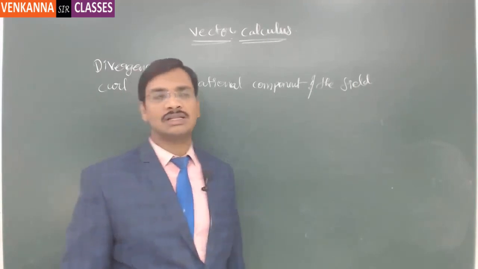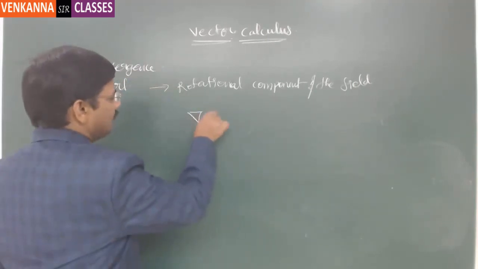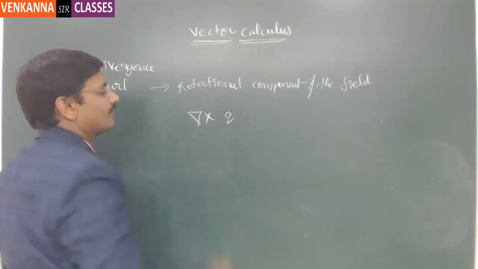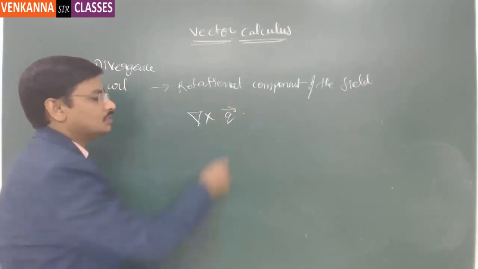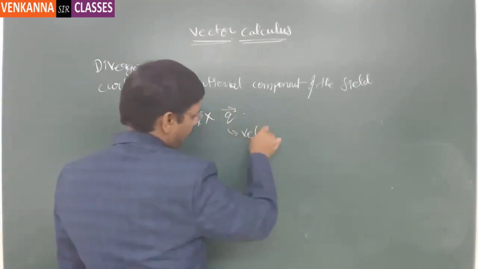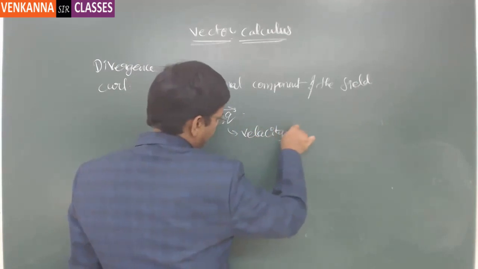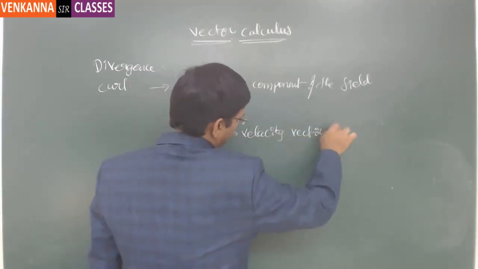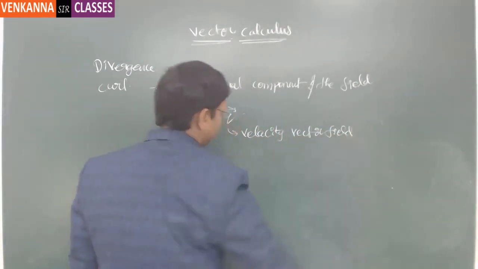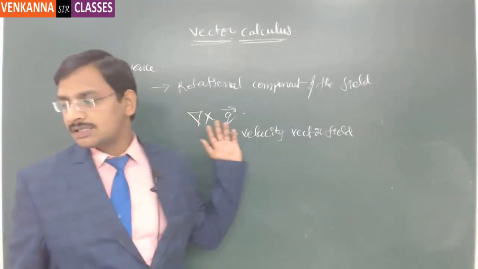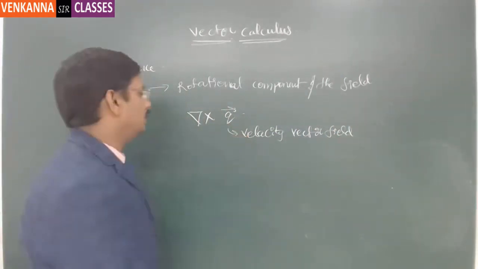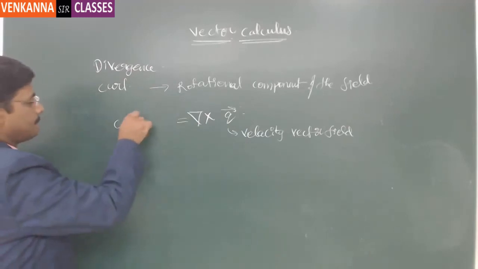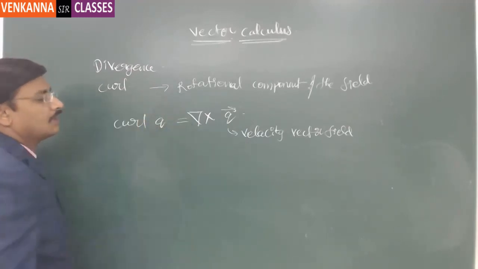So this is del cross if you apply on the vector q, where q is usually the velocity vector. So this is a velocity vector field. If you apply del cross on this, del cross q is called the curl q, right?